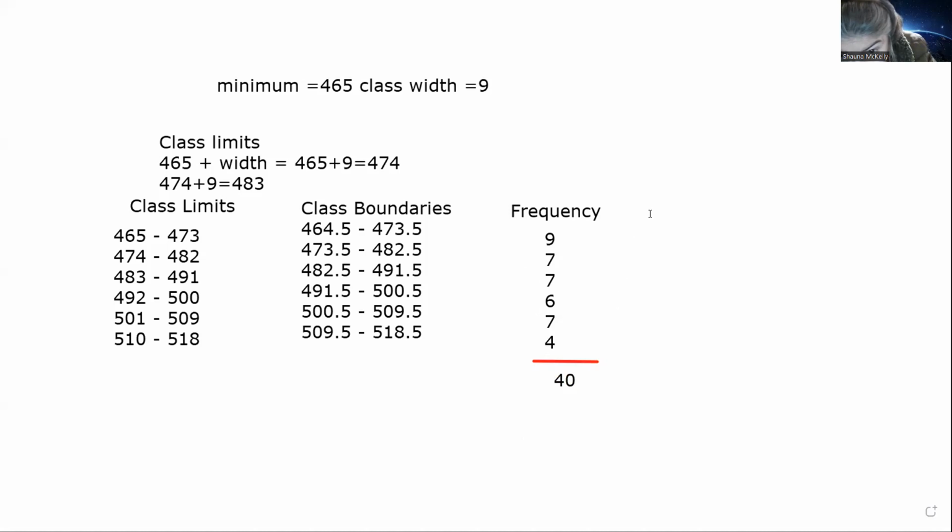We need one more column for this distribution to be complete, and that is the cumulative frequency. Sometimes we abbreviate this as CF. So the first cumulative frequency will match the frequency that's in your first class.